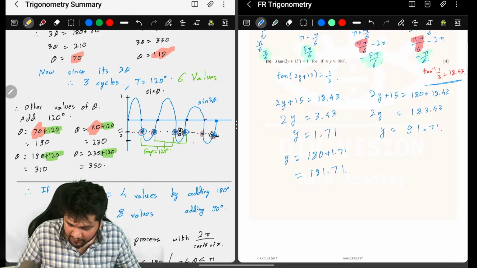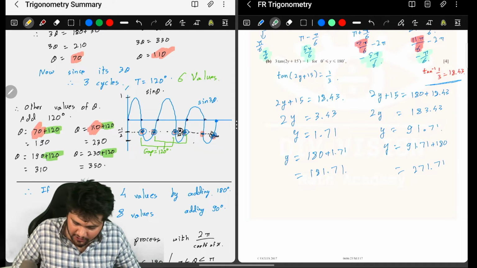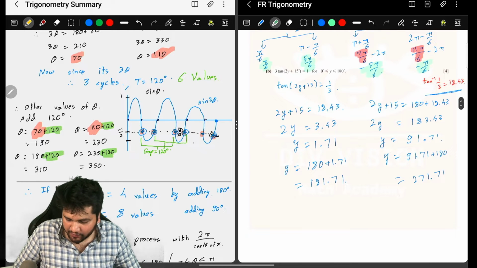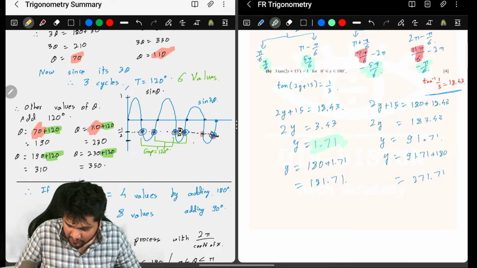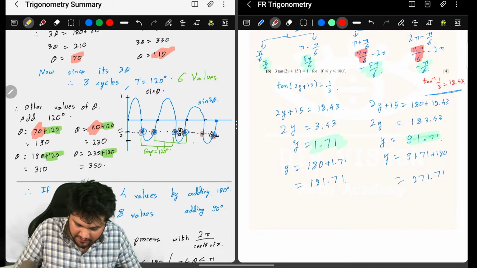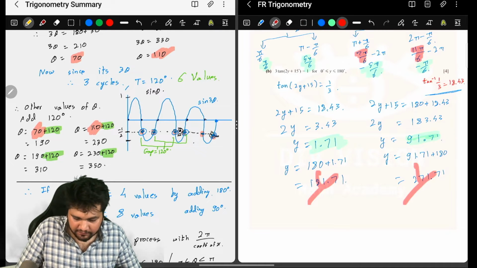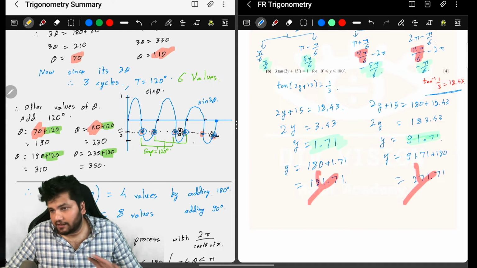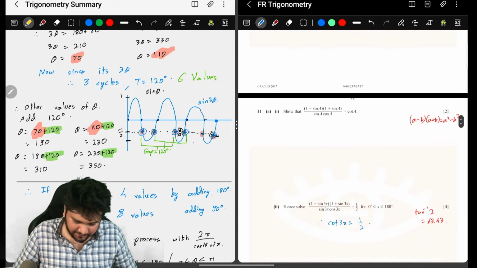Again I'm going to add 180 to this. Y is equal to 91.71 plus 180, and we will get 271.7. But as you can see, this is not in the range, so that's why we'll just get 181.71 and 271. These are only going to be my answers, the rest is just for checking. Otherwise only these two values are going to be the answer.